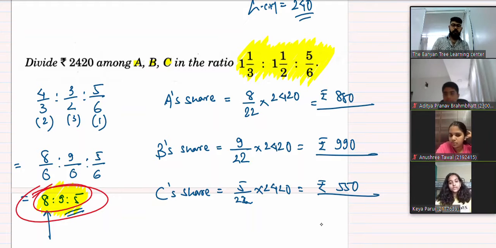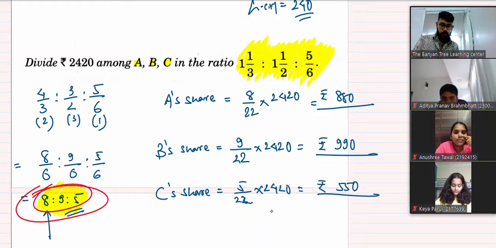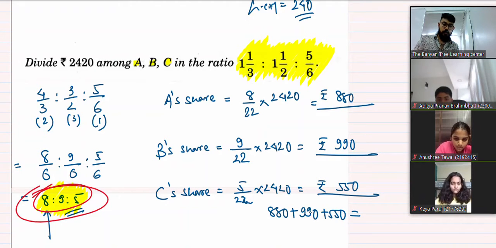There is a method to check whether your answer is correct or not. You add all these values: 880 plus 990 plus 550. 800 plus 900 is 1700, plus 500 is 2200, and 80 plus 90 is 170, plus 50 is 220.